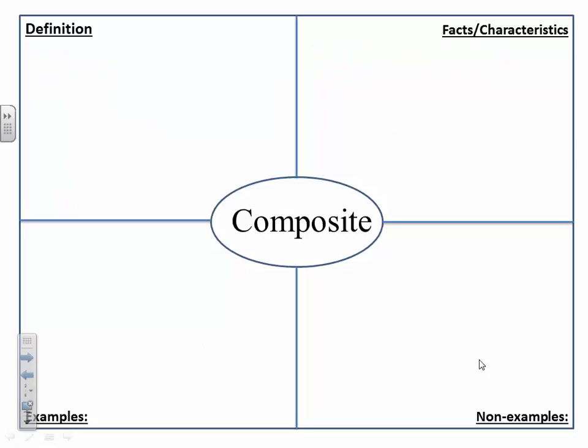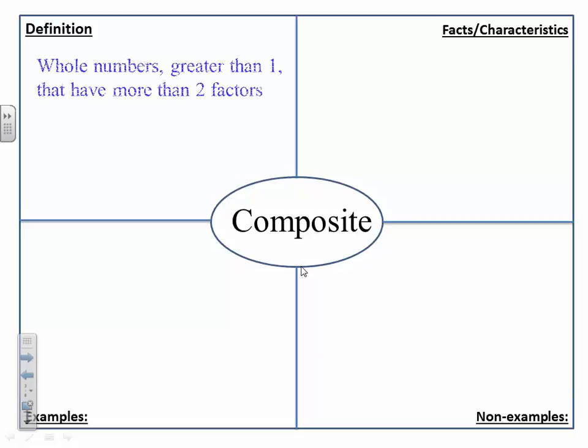Okay, if you flip your page, we are going to do composite. Some kids say that composite is kind of like the opposite of prime. It's sort of. We're going to show you exactly what we're up to here. So first of all, make sure you can say that correctly. It is composite. Composite numbers have more than 2 factors. So they are whole numbers, greater than 1, with more than 2 factors.